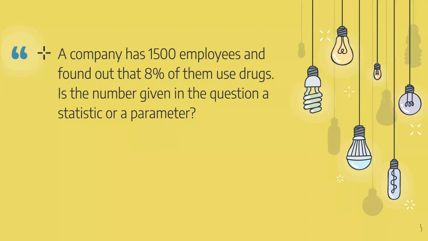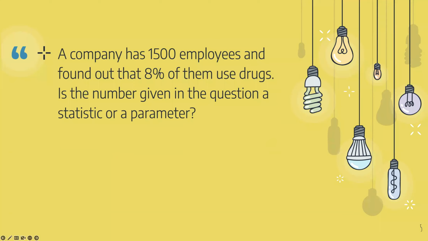Let's just talk about two examples. The first example: we have a company that has 1,500 employees, and they found out that 8% of them use drugs. Is the number given in the question a statistic or a parameter?